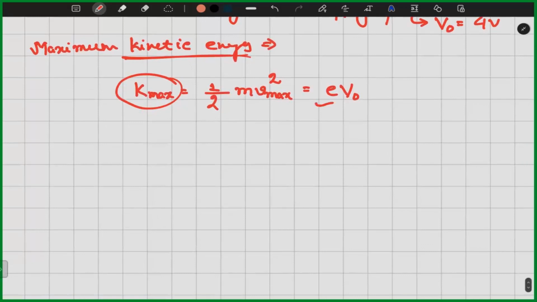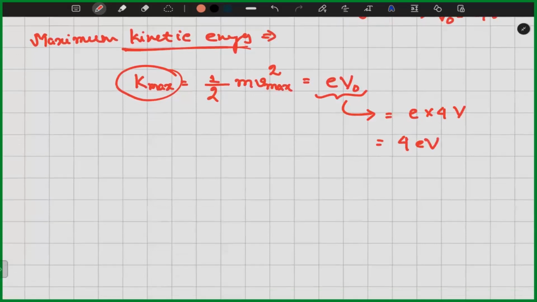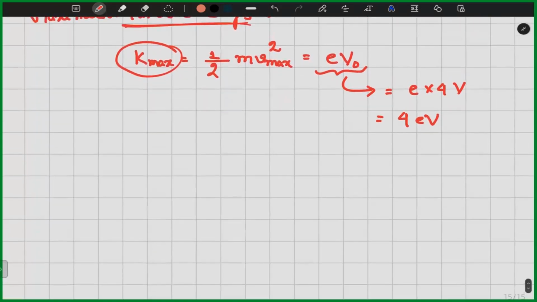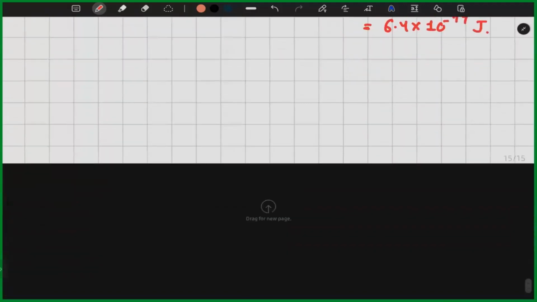Kmax will be eV0, which means e into 4 volt. V0 is given, so it is 4 electron volt. If we want to convert to joule, we multiply by 1.6 into 10 to the power minus 19. So it will be 6.4 into 10 to the power minus 19 joule as well. We can write that.